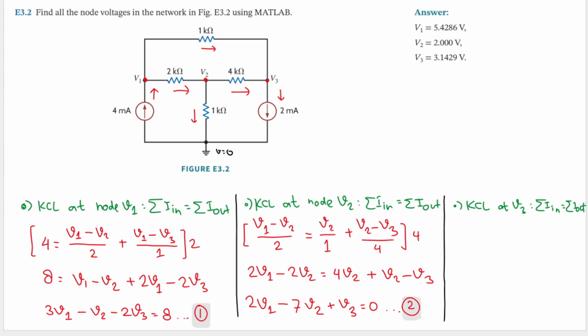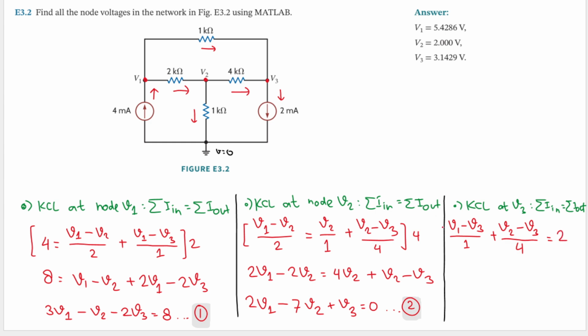There are two currents that go in here. For this one, we will have V1 minus V3 divided by 1, and then this one here, we will have plus V2 minus V3 divided by 4. All of that will become 2 ampere, because this is the only current that goes out.